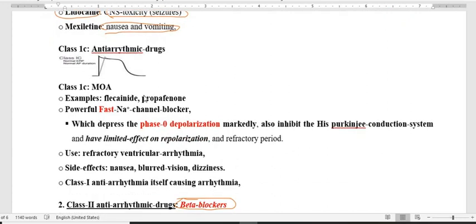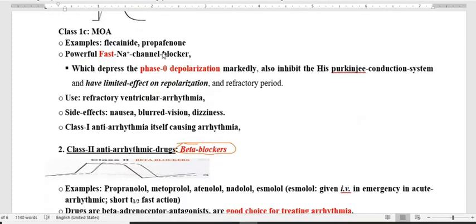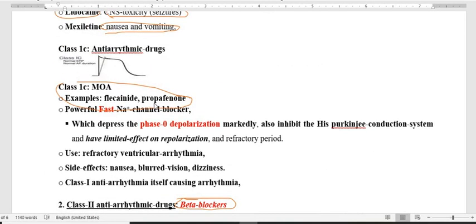Now we have to go through the class 1C antiarrhythmic drugs. Under this, the drugs are flecainide and propafenone. These two drugs come under the 1C.